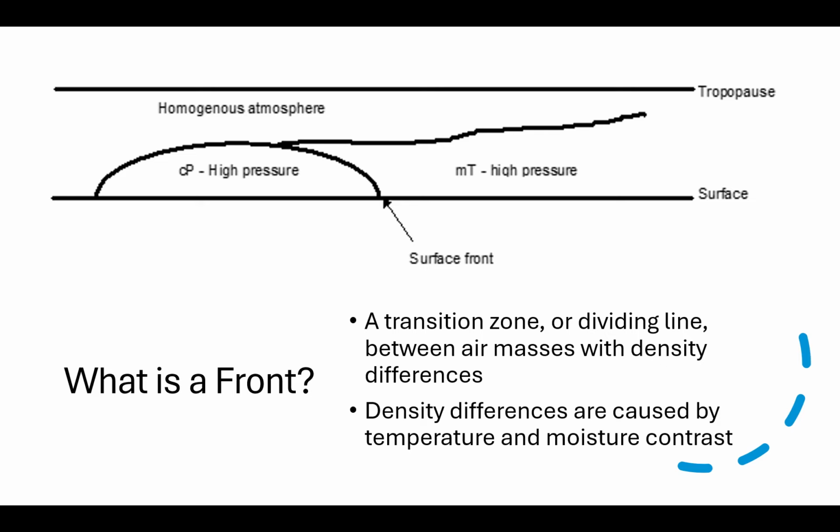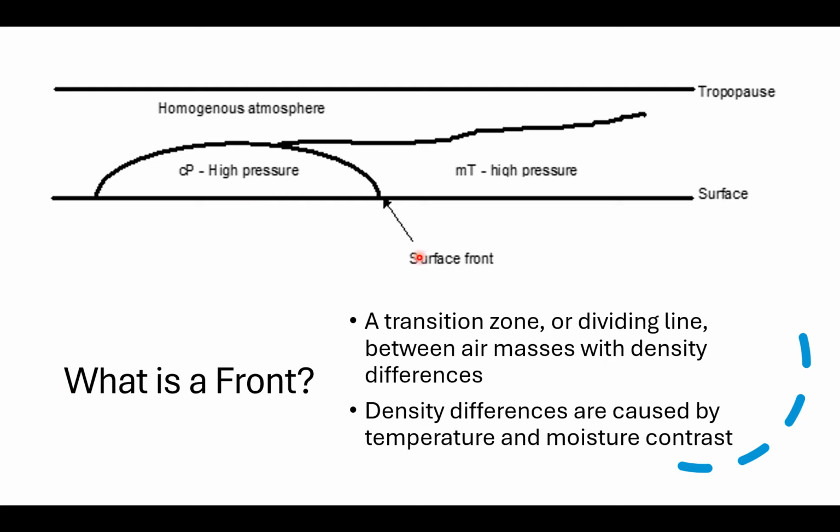Now, these density differences are caused by changes in the temperature across the front, as well as that change in moisture across a front. So that contrast in temperature and moisture from one side of the front to the other leads to these density differences.